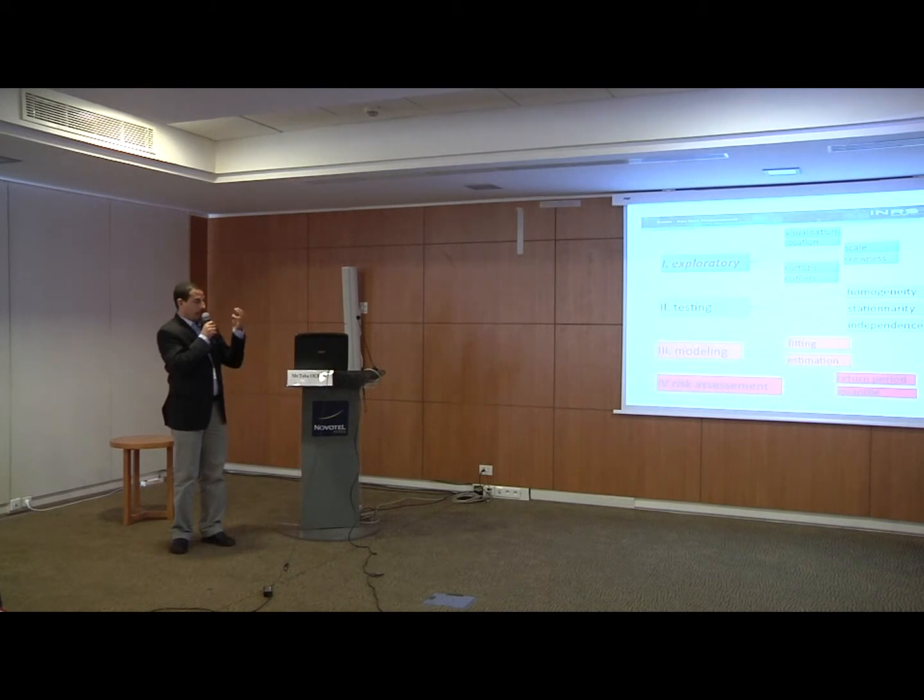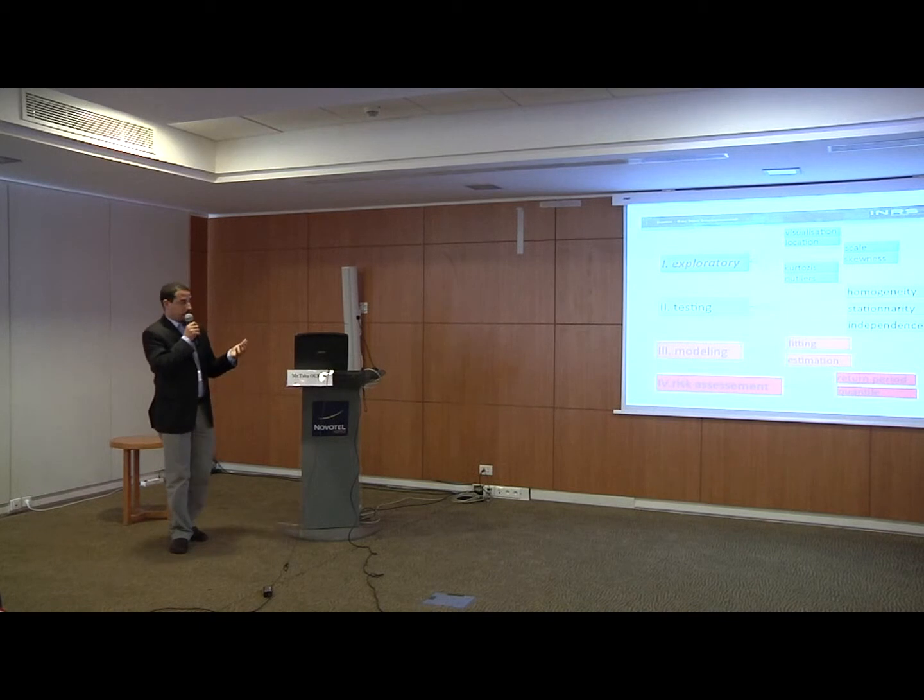We have to check homogeneity, stationarity, and independence. And then we go to modeling. We fit a distribution or a copula and estimate the corresponding parameters. And by doing all this, we come to the last step, which is risk assessment through return period, risk, or quantiles.